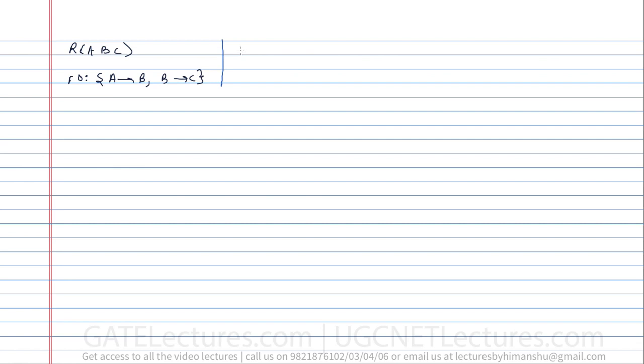And if this attribute closure of a relation contains all the other attributes, then it is called a super key, right? And the minimal set of that super key is called a candidate key. Okay, let me write it down here.